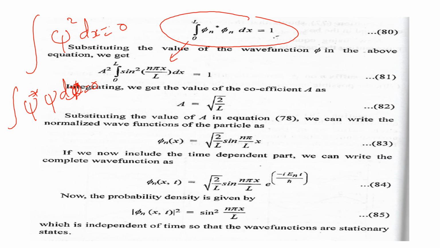So integral 0 to L a square sine square n pi x by L times dx is equal to 1. This is the normalization condition.